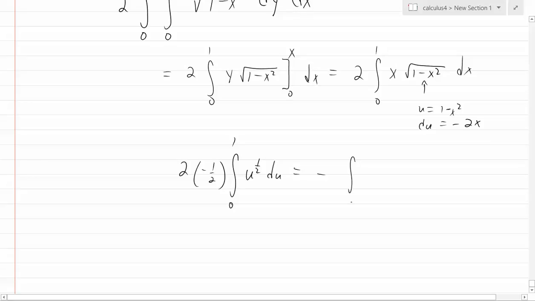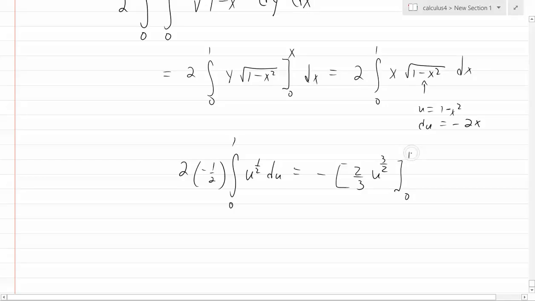So that's the negative integral from, well, let's go ahead and integrate. That's the negative of, what's that going to be? 2/3 u to the 3/2 evaluated from 0 to 1.